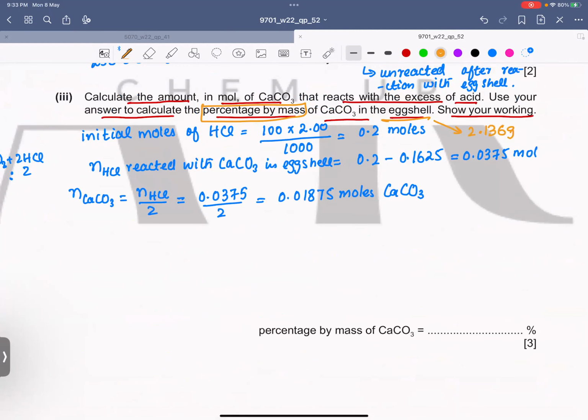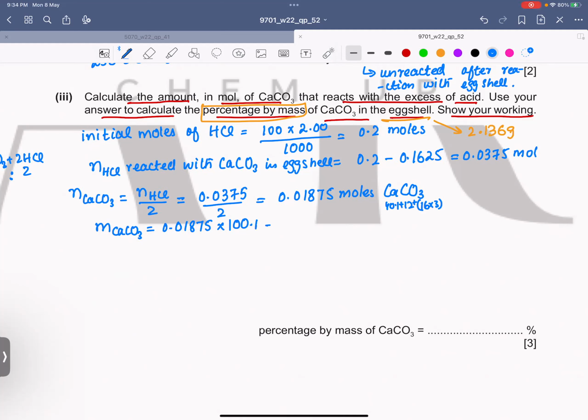To find the mass of calcium carbonate, I would multiply the number of moles of calcium carbonate with its Mr, and the Mr of calcium carbonate would be 100 or 100.1, I suppose. Yeah, 100.1, because calcium is 40.1, carbon is 12, and oxygen is 16. So it must be 16 times 3, 48, 48 plus 12, 60, 60 plus 40.1 is 100.1.